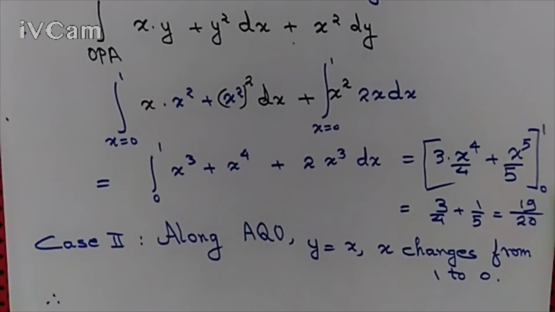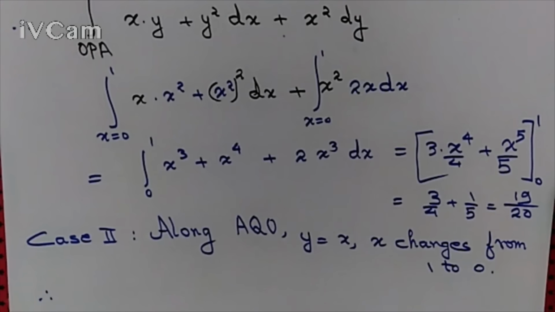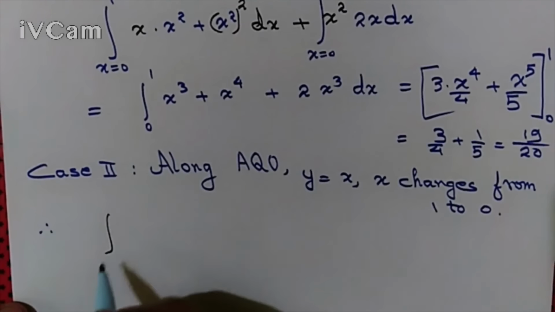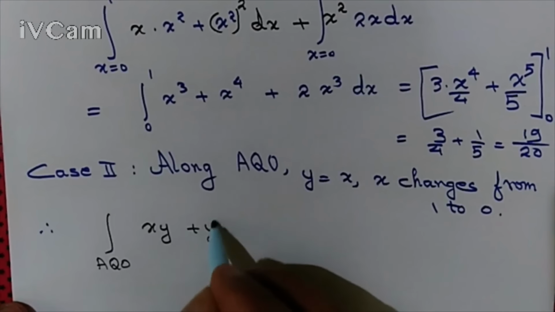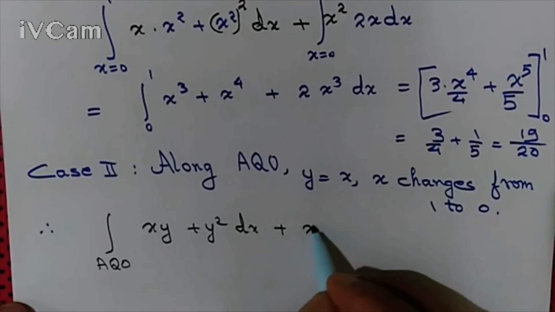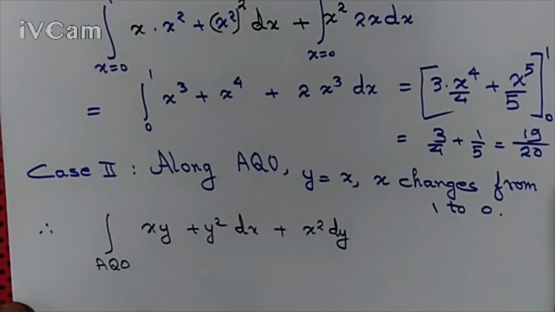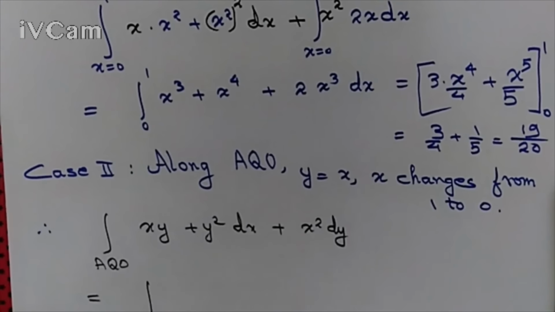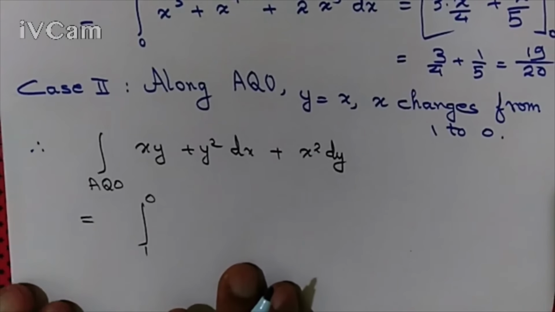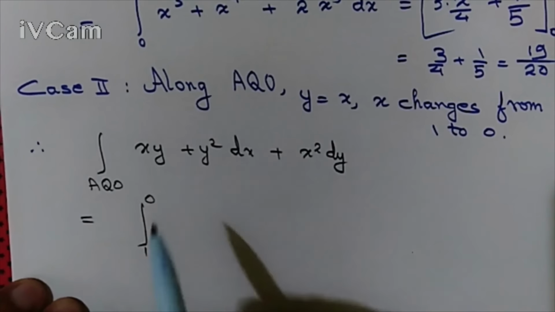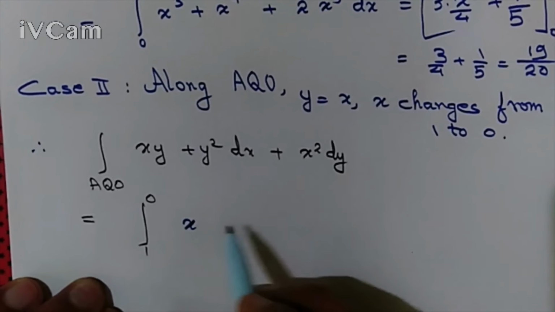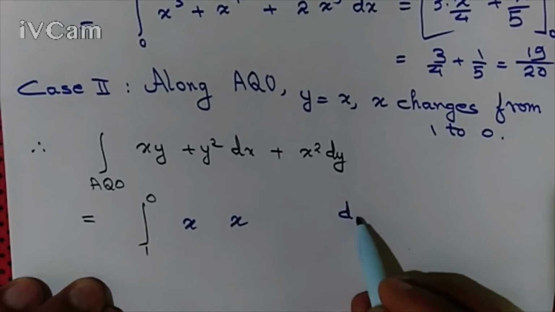Therefore, the integral along AQO of xy plus y square dx plus x square dy equals, we observe x is changing from 1 to 0. We replace y by x, dy by dx.